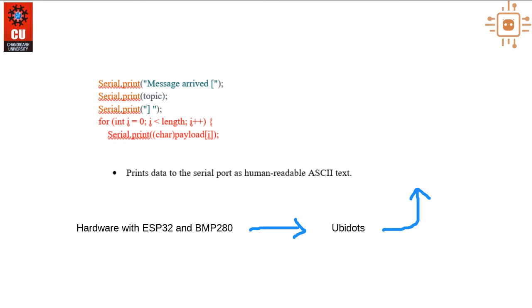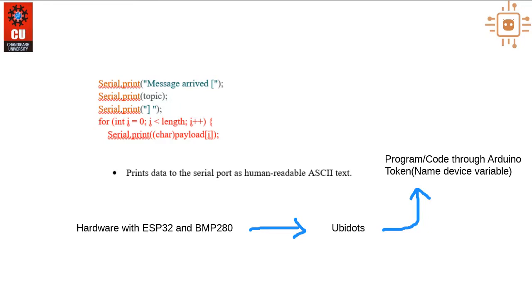A few changes we have to make in the program according to the Ubidots device. What changes? We have to change the token, and the names of the device variables. These things we have to change in the program.